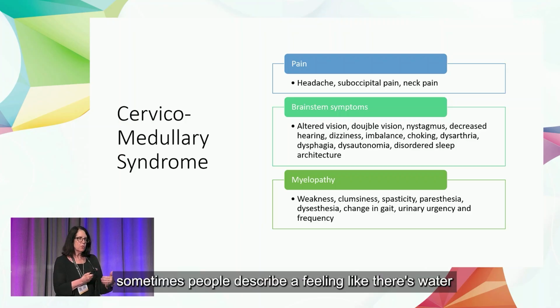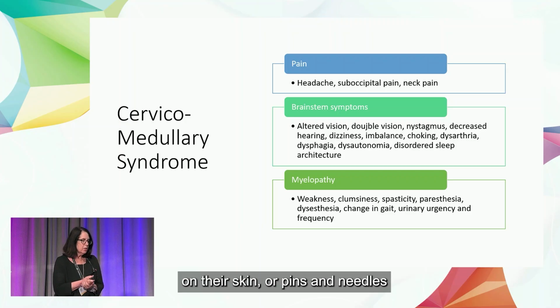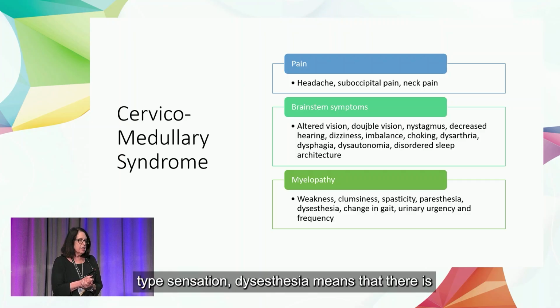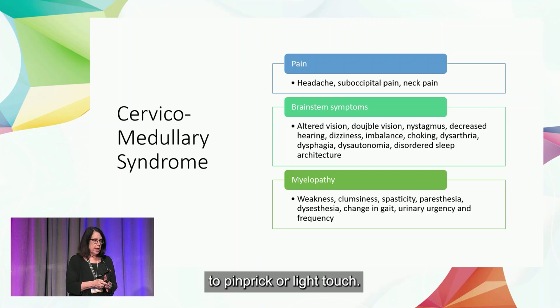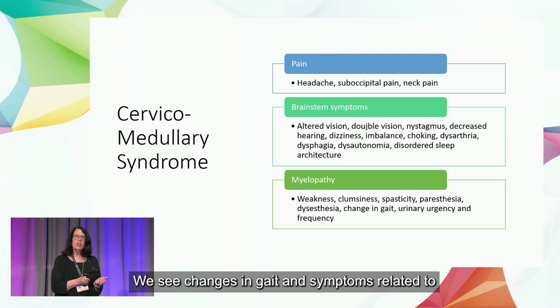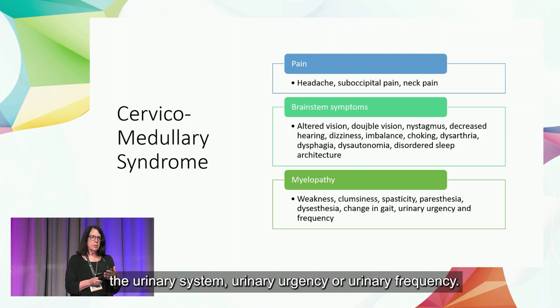Sometimes people describe a feeling like there's water on their skin or pins and needles type sensation. Dysesthesia means that there's a lack of sensation or altered sensation to pinprick or light touch. We see changes in gait and symptoms related to the urinary system, urinary urgency or urinary frequency.